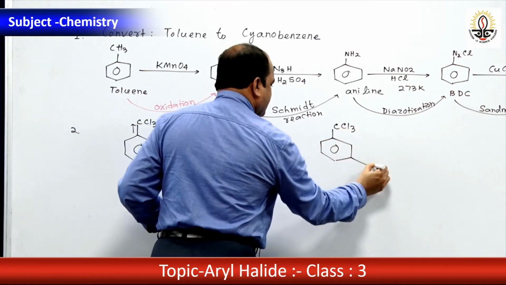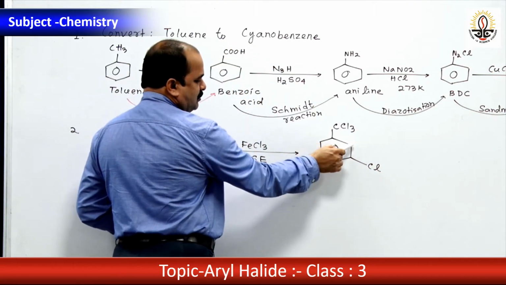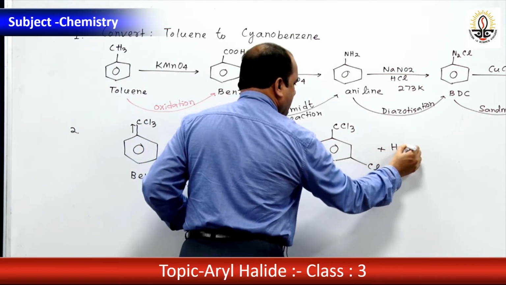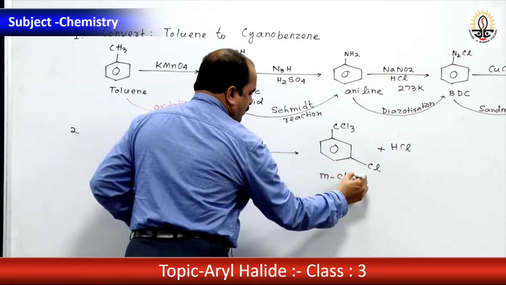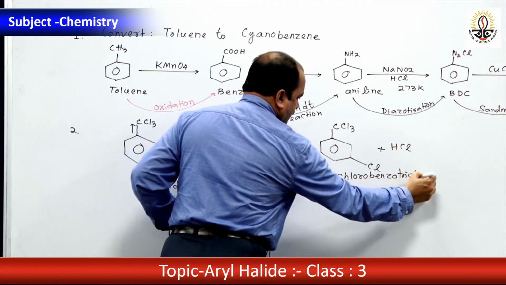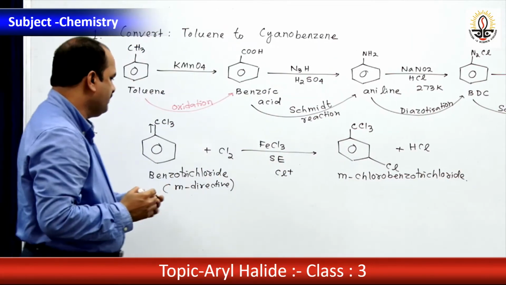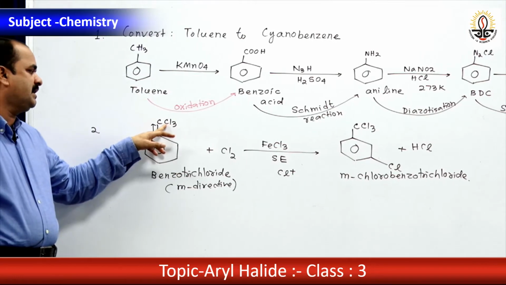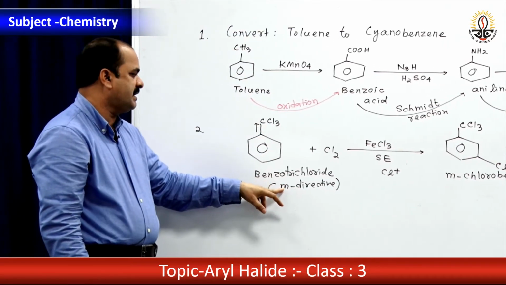So the product is CCl3 with Cl at the meta position with respect to CCl3, plus HCl as the byproduct, and the answer is metachlorobenzotrichloride. Students, remember that due to the presence of 3 electron withdrawing chlorine atoms, benzotrichloride is meta directive.